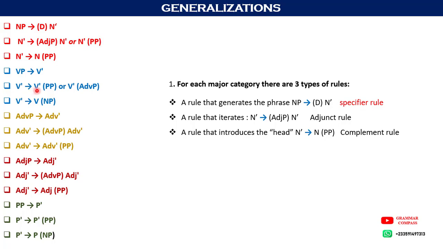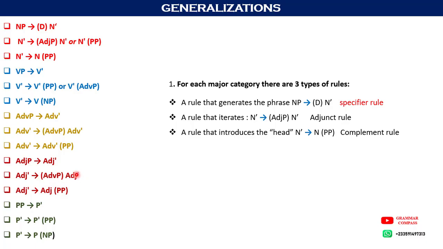In the verb phrase, this is the adjunct rule, where you attach modifier and qualifier adjuncts to the verb bar. In the adverb phrase, this is the adjunct rule, where the adverb is modified by another adverb phrase. Now in the adjective phrase, we have the adjunct rule. That is the second rule.